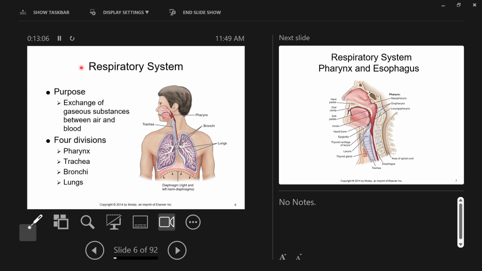Oxygen, which is concentrated over here, will diffuse into the bloodstream until there's the same amount of oxygen in the bloodstream as there is on this side in the air that you breathed in, okay? Diffusion allows oxygen to transfer into the bloodstream because the bloodstream's low on oxygen in these circumstances.